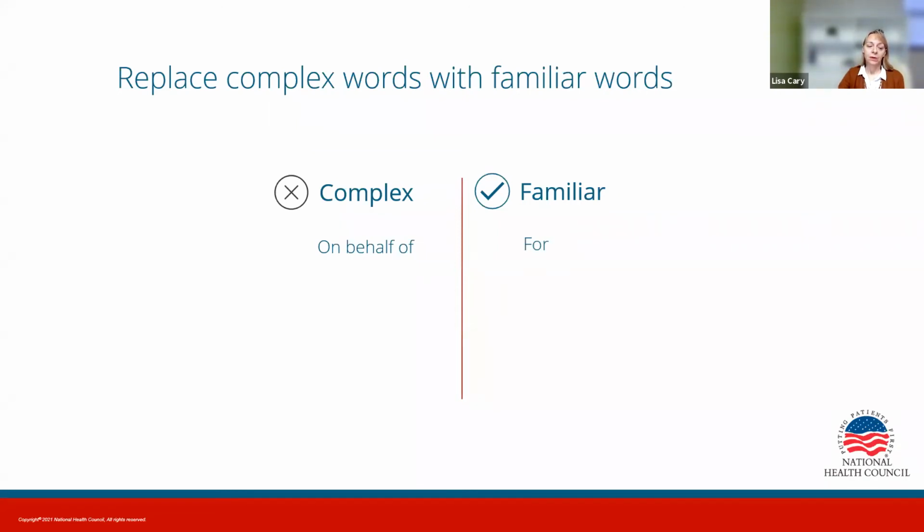Okay, here's another one. Conduct. Okay. And we would just say do or carry out.